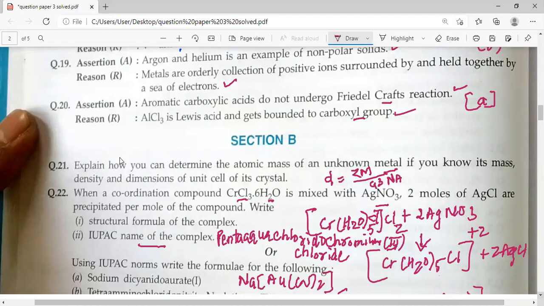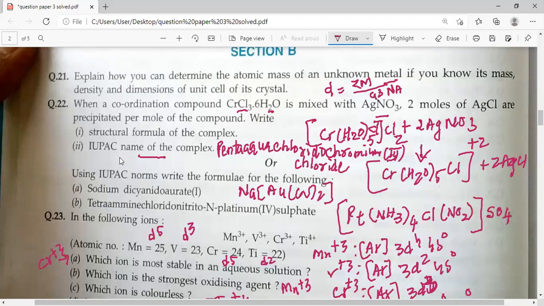Now we are going into section B. We have the next question, question number 21. Explain how you can determine the atomic mass of an unknown metal if you know its mass, density, and dimensions of unit cell of its crystal.